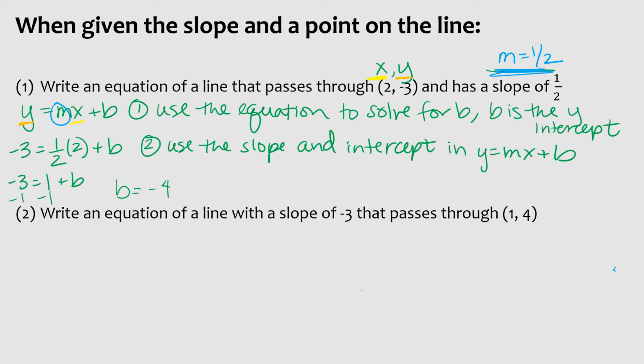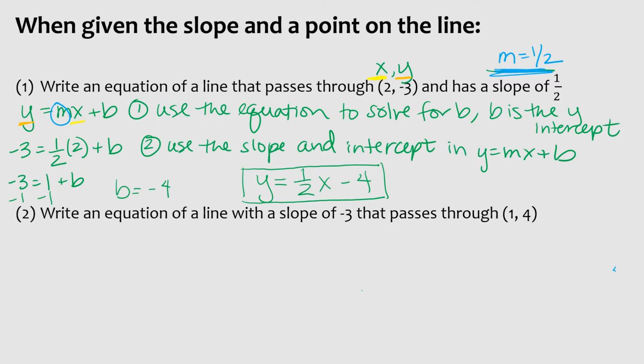So I'm going to say y equals the slope, which is 1/2 x, and then my y-intercept is -4. There is the equation for the line. It's beautiful.